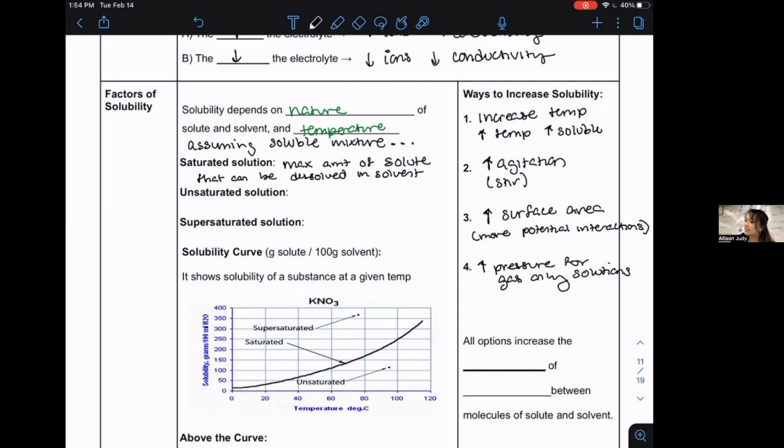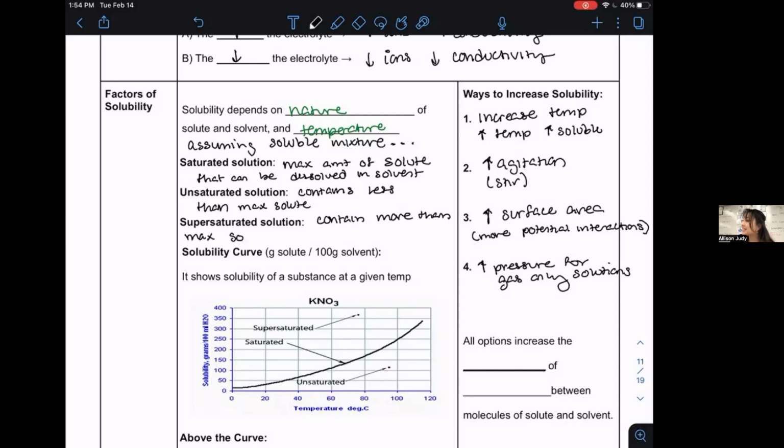So unsaturated is, okay, I have a soluble mixture. I didn't put enough solute in. I literally have more space for solute. So an unsaturated solution is between soluble components, but it contains less than the max. And then supersaturated solutions contain more than max.